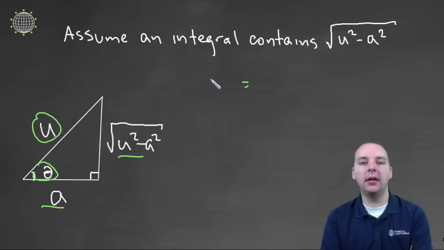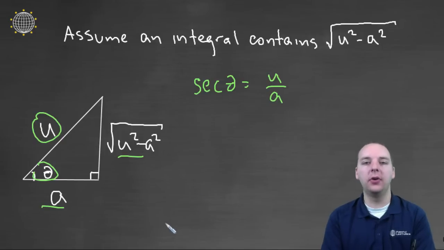Now we could write cosine of theta equals a over u, but I'm actually going to switch it up. Rather than use cosine, I'm going to use secant, and you'll see why in just a second. If we chose secant of theta, then that would be u over a as opposed to a over u.